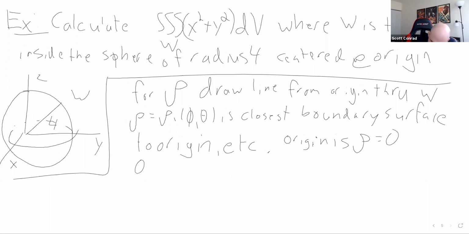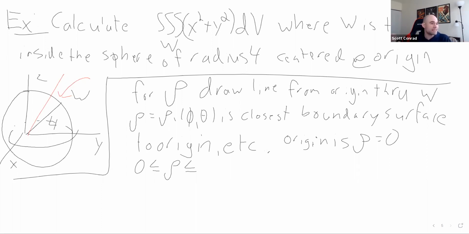So in this case, we draw a line from the origin through our figure. Well, the origin is in W, so rho is bounded below by 0. The outer boundary surface is a sphere of radius 4 centered at the origin. What is the equation of the sphere of radius 4 centered at the origin in spherical? So it's a set of points distance 4 from the origin.